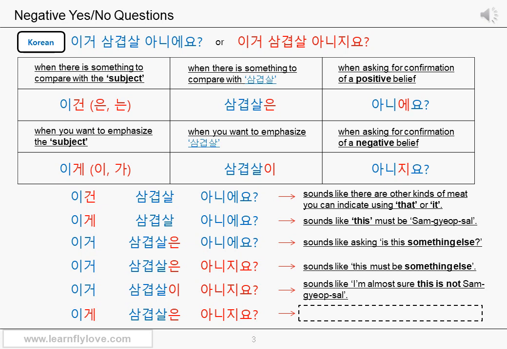이게 삼겹살 아니에요? 이게 is the colloquial and shortened form of 이것, with the subject particle 이. When did we say we used the subject particle 이 or 가? Yes, right. When you want to emphasize the subject or when you mention the subject for the first time in a conversation.